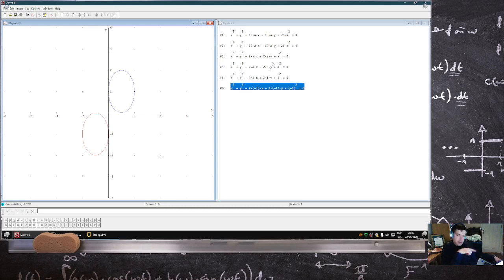I can see when I look at the 21-minute mark and 19 seconds, I can see the reason I have the plus minus, because the f squared equals c.